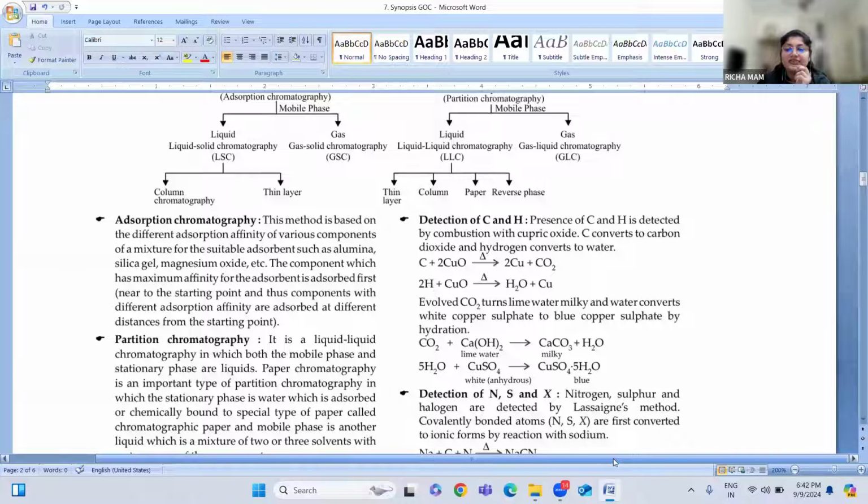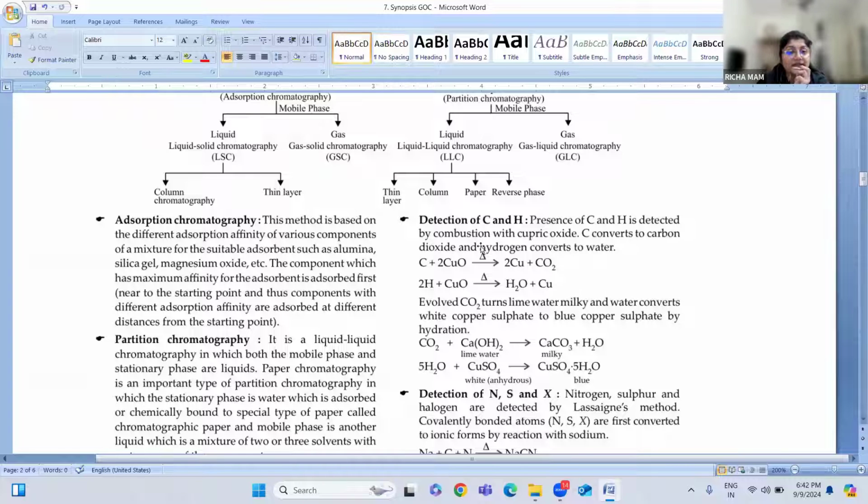These are the different reactions they have given. So how to detect the presence of carbon and hydrogen? Carbon and hydrogen can be detected by combustion with cupric oxide. Whatever compound is given, if you react it with cupric oxide, the carbon will convert into carbon dioxide and hydrogen will convert into water.